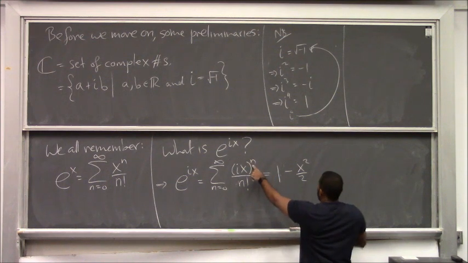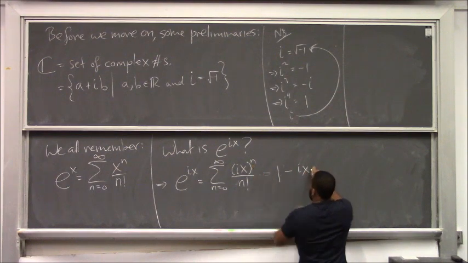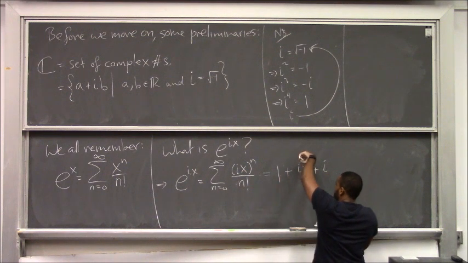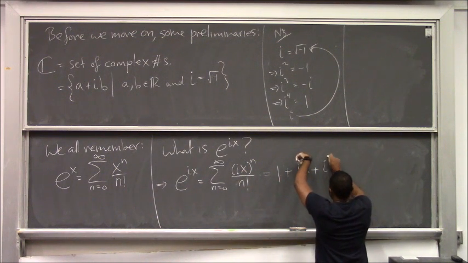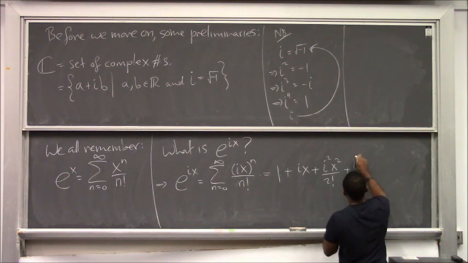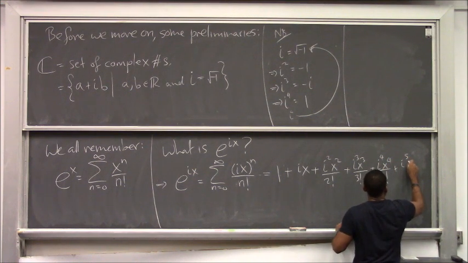Let's just write out the positives: 1, then i times x, plus i squared x squared over 2 factorial, i cubed x cubed over 3 factorial. I just want to write out enough for you to see that there's going to be a pattern developing here. 4 factorial plus i to the 5th, x to the 5th, over 5 factorial, etc.